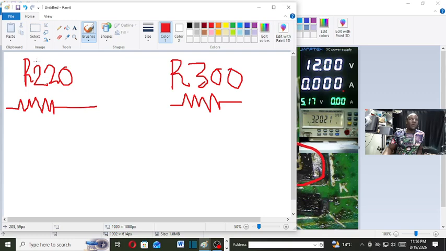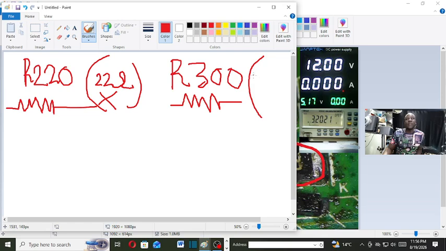So the value of a resistor with R220 should not be, because I said it is 22 ohms, which was wrong. And this one I said R300 is 30 ohms, which was also wrong.